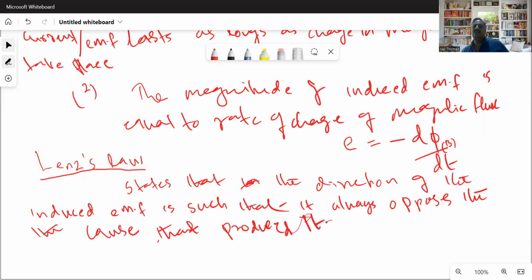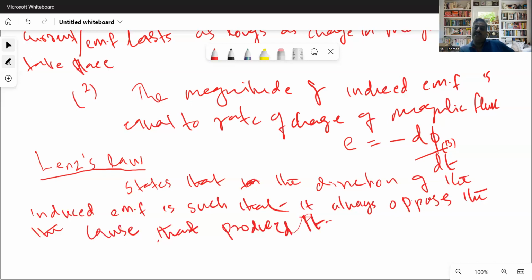So induced EMF always opposes the cause that produced the induced EMF. This is Lenz's law. This is why the negative sign in the Faraday's first law came.